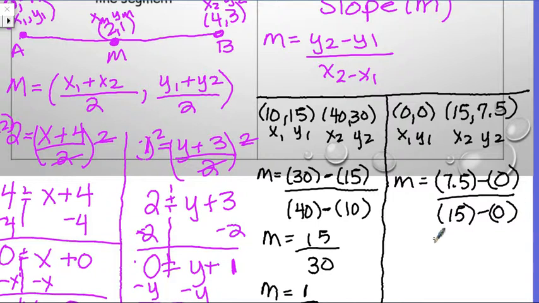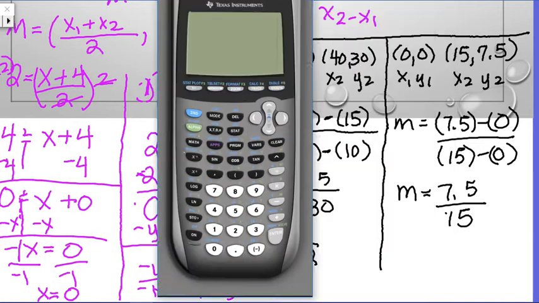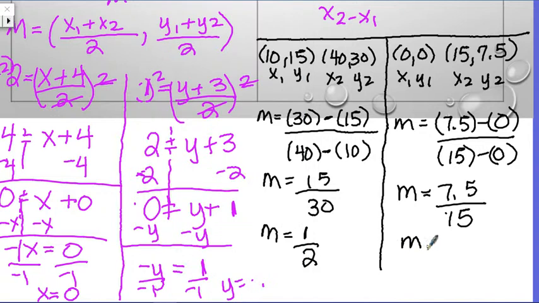So 7.5 minus 0 is just 7.5, and 15 minus 0 is just 15. I'm going to use my calculator to help me reduce this, to make sure I don't make any mistakes. I don't see that there's a greatest common factor. So I'm going to put 7.5 over 15, which equals 1/2. So M equals 1 over 2. That was 0.5. And now we know the two slopes, so now let's compare.